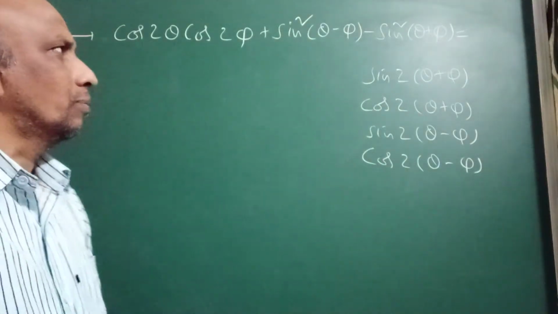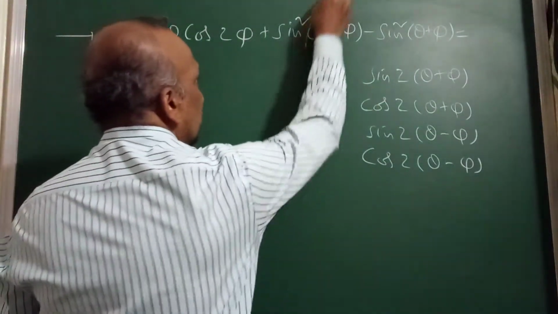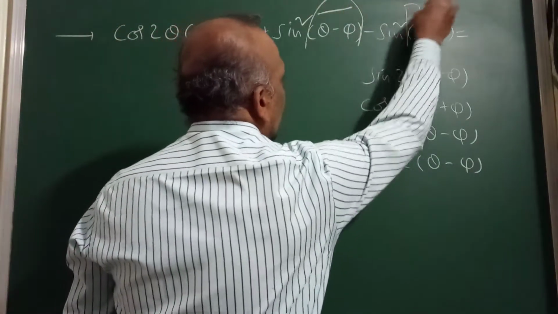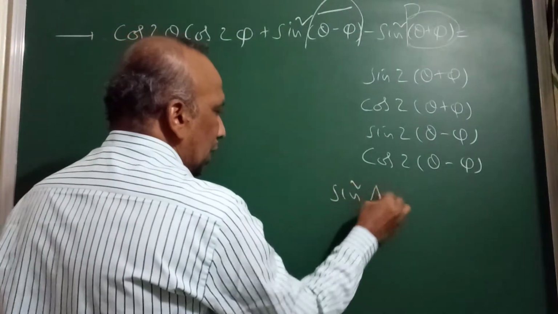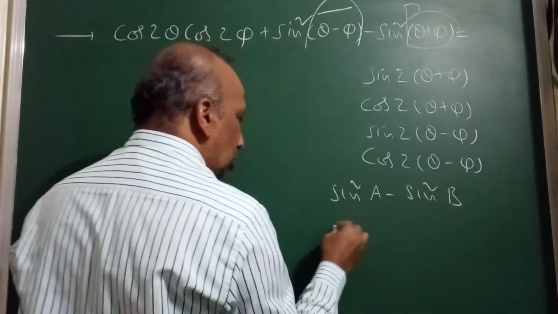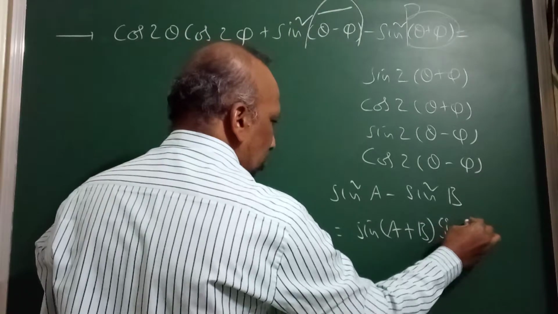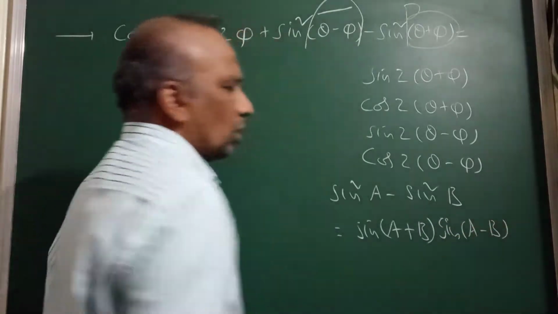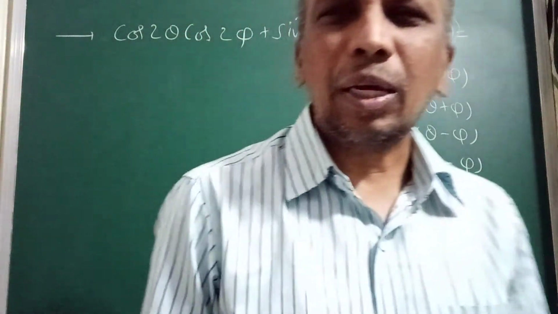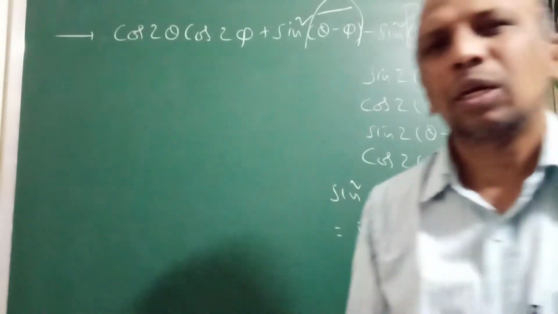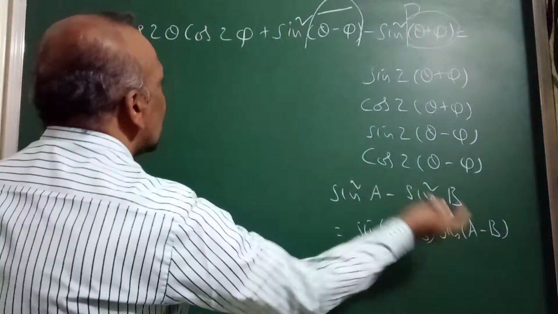To solve this problem, you should remember sin square A minus sin square B. Suppose this is A, we can say this is B. Sin square A minus sin square B should be equal to sin of A plus B into sin of A minus B. We can use that formula here.